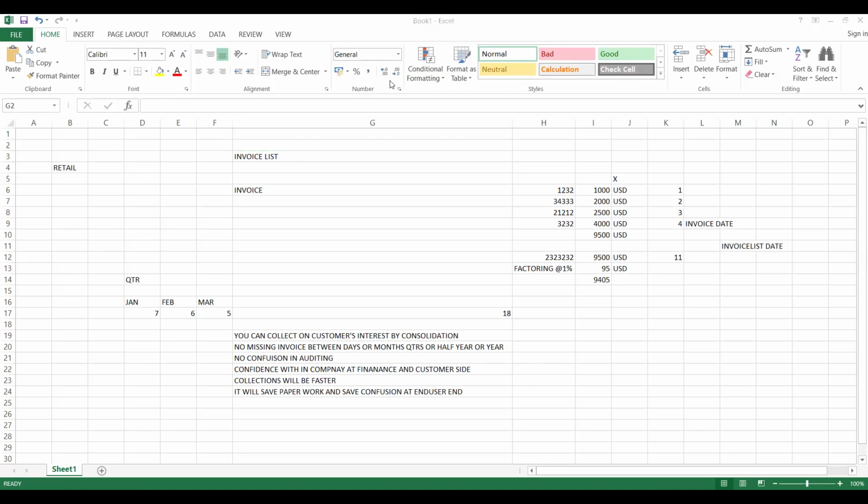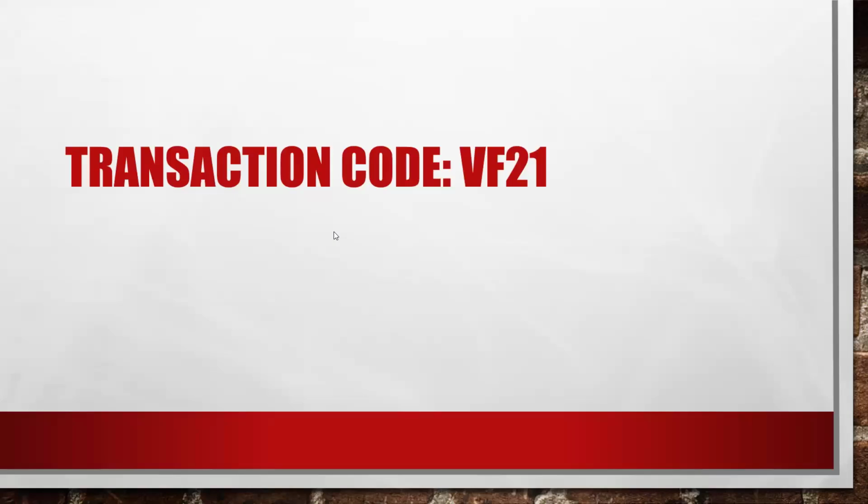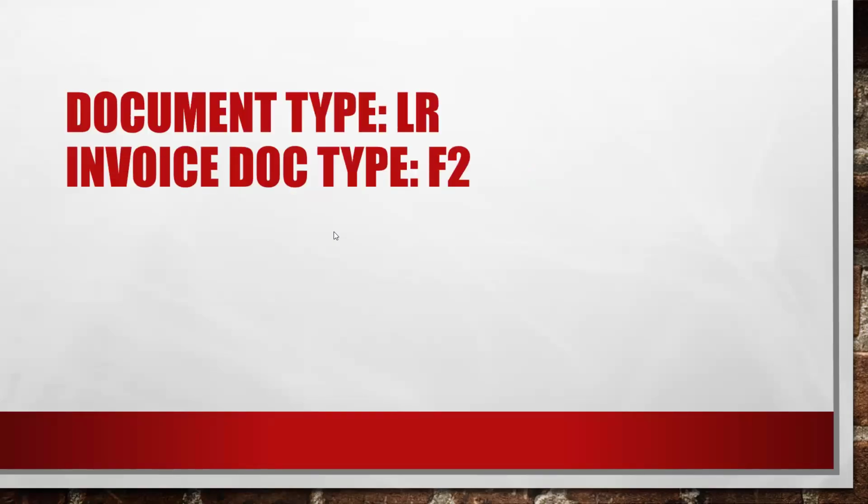Okay, let's try to see how to create invoice list and what all the configuration is. I have explained the advantages, and the factoring discount is more important. So the document type is LR and invoice type is F2.